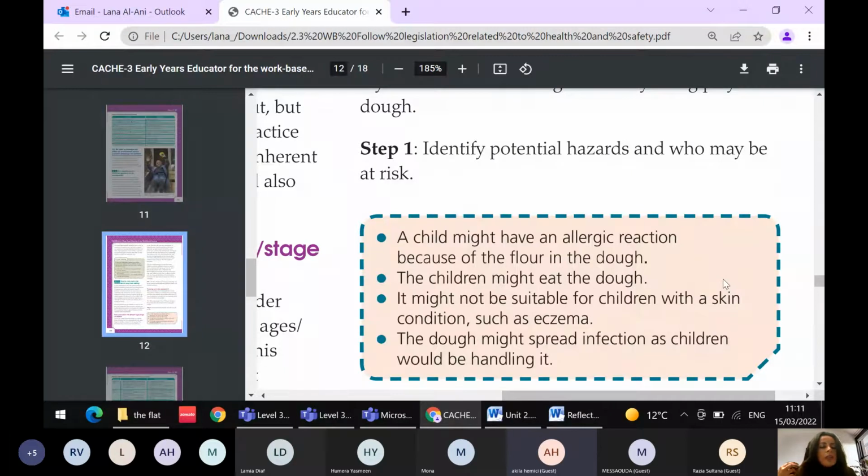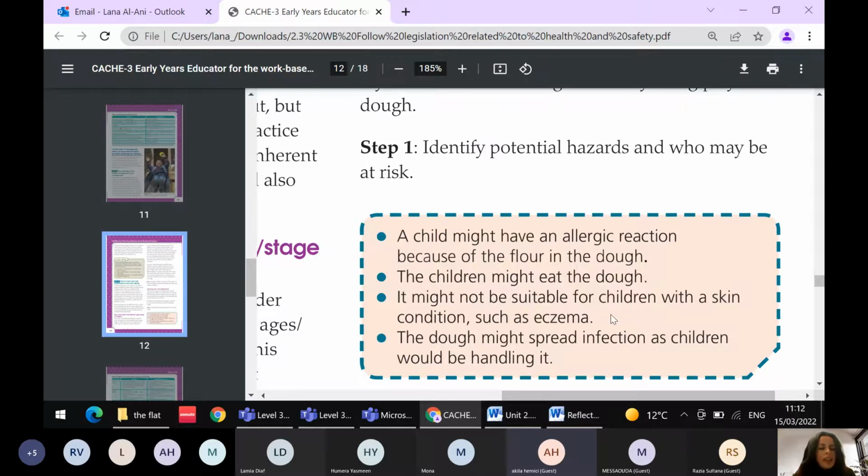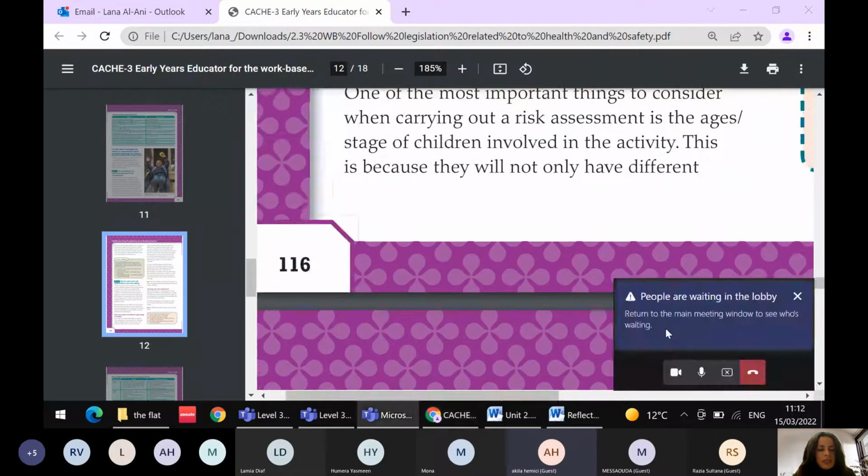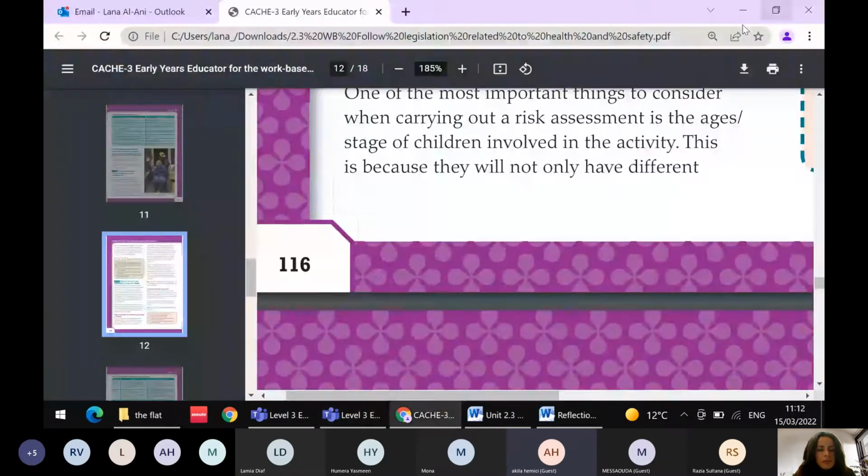Also maybe this food could spread infection. Is it being prepared properly? Is it being put in the fridge properly? So first of all, we need to identify the hazard, check what hazard is involved and check it.